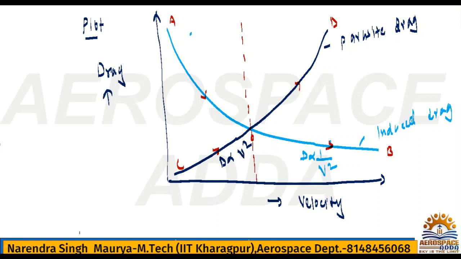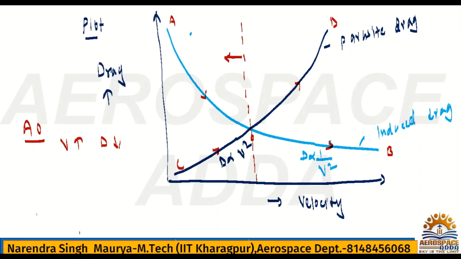No. Generally, if you check total drag, total drag will increase when velocity increases. But in this case, for AO, velocity is increasing, but drag is decreasing. Yes or no? For the AO, velocity is increasing, but drag is decreasing.